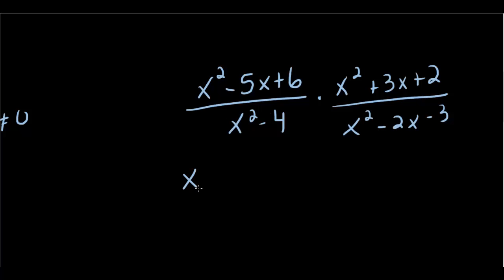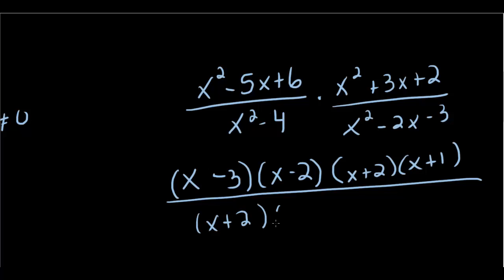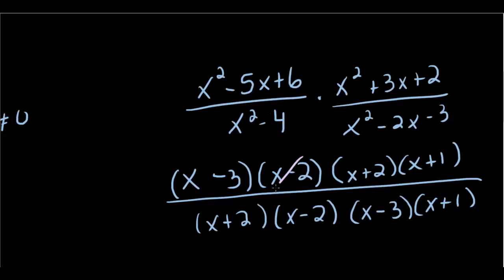We factor this as x minus 3, x minus 2. This is x plus 2, x plus 1 over x plus 2, x minus 2. And then on this one it's going to be x minus 3, x plus 1. And let's see what we can cancel. So we can cancel this one with this one, this one with this one, this one with this one, and this one with this one.